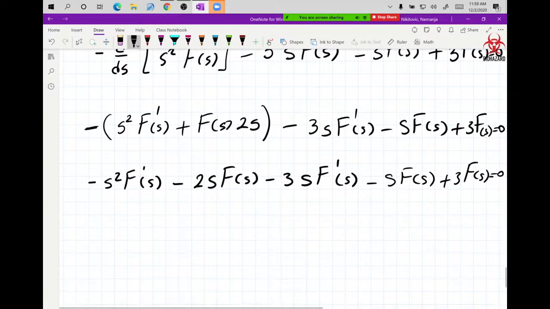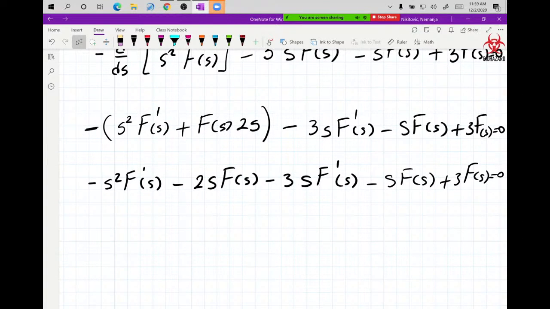equals 0. Now you can immediately see that you can factor out f of s. The thing that I don't like here is that I don't have any non-fs terms.